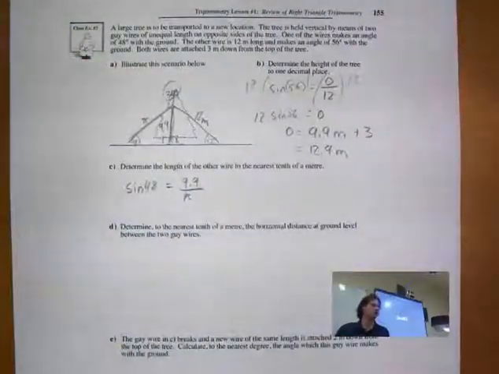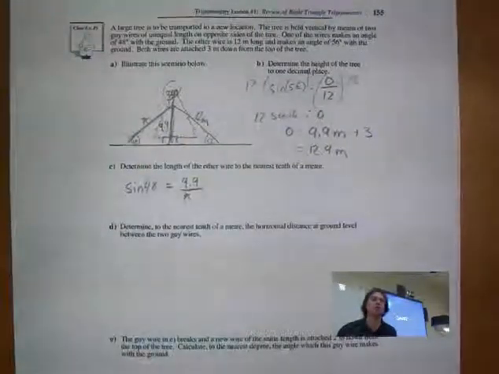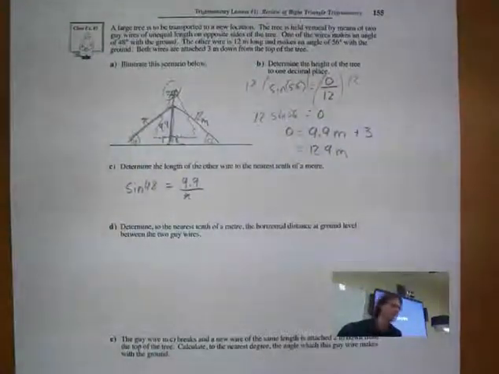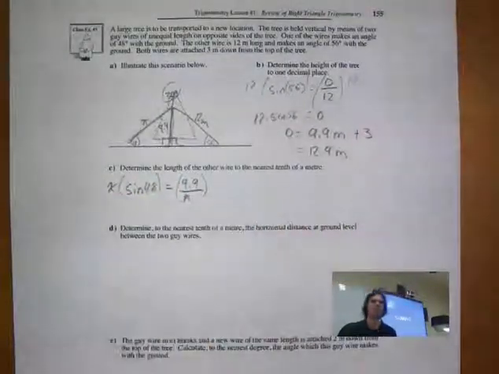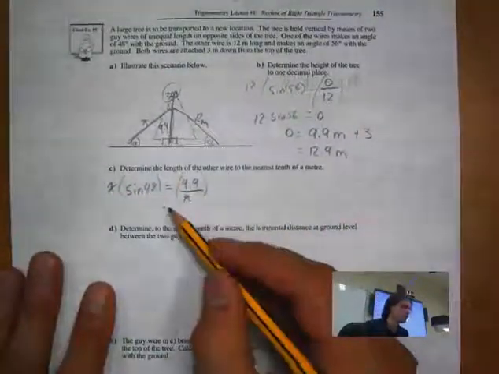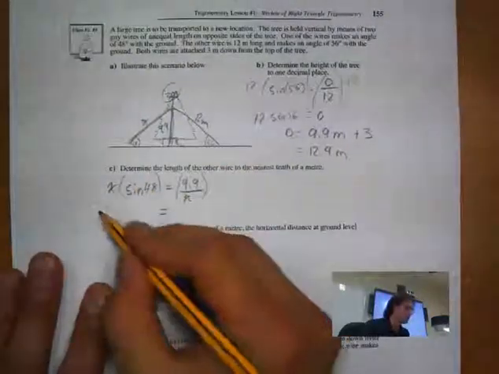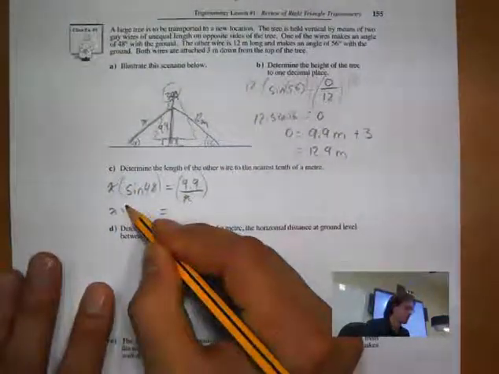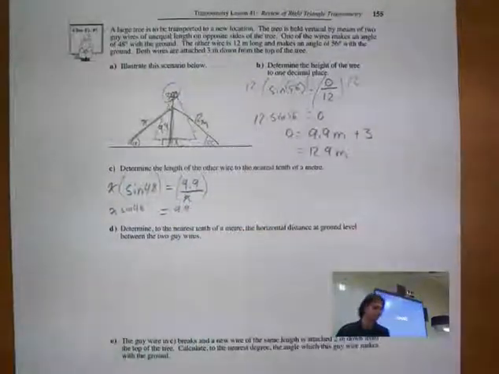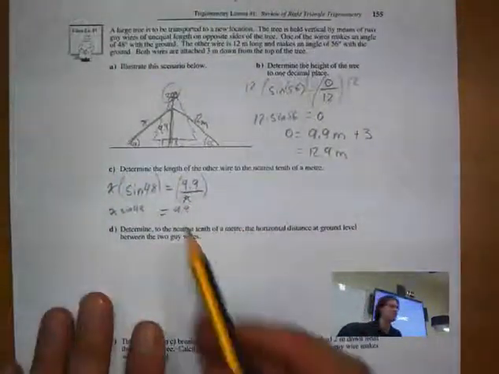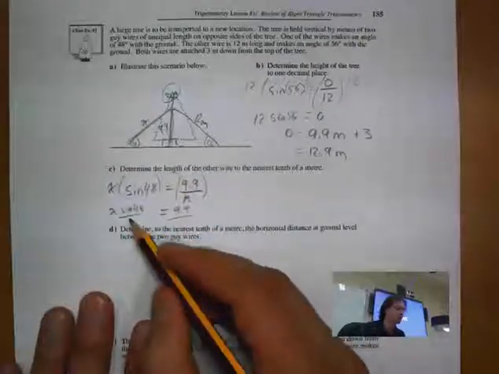Now we want to solve for x. First of all, x is on the bottom. We don't like our variables on the bottom. We want them on top. So we get x sine 48 is equal to 9.9. Now we can get x by itself. We just divide both sides by sine 48.